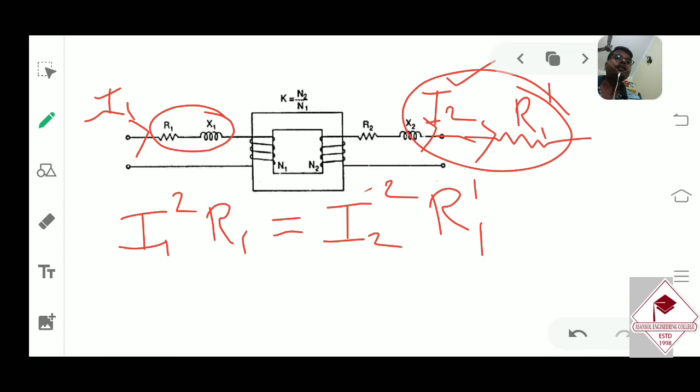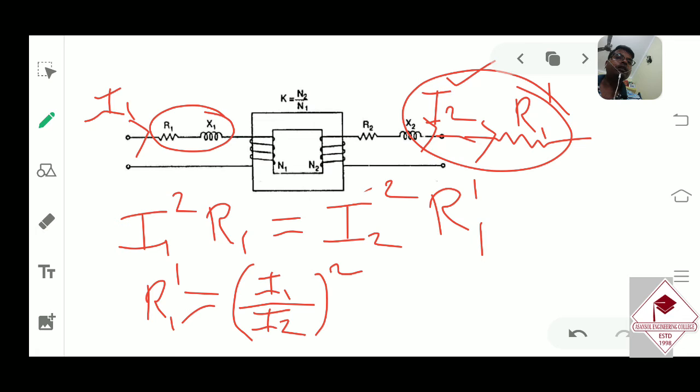So from this equation we can easily find R1 dash, which will be equal to I1 by I2 whole square into R1.